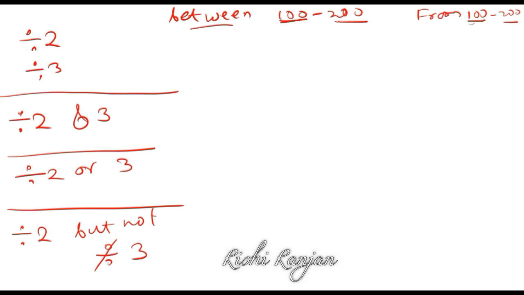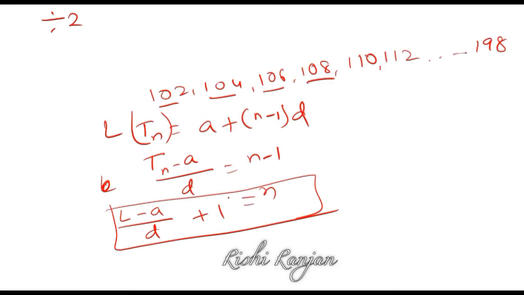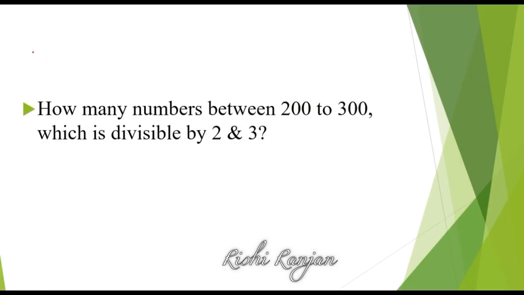Between means the endpoints are not included, but from means both endpoints are included. This is very important. Remember this: (last minus first) divided by d, plus 1. That is how many numbers there are. So let's find out how many numbers are divisible by 2 between 200 and 300.